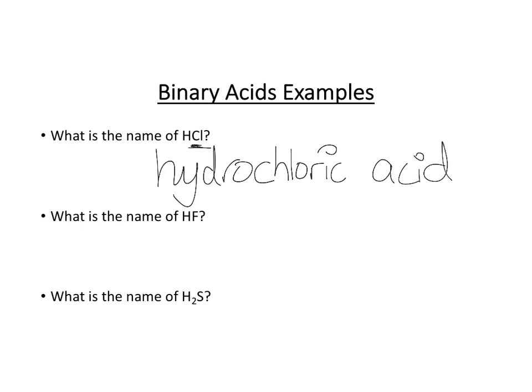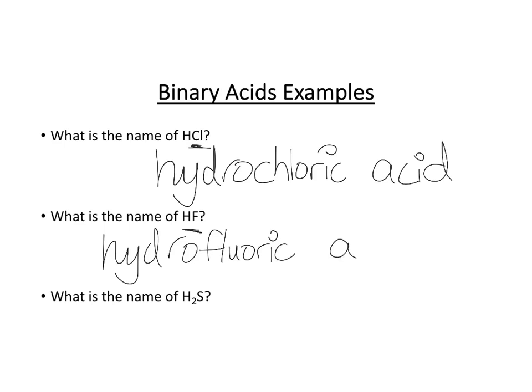You always throw acid on the end, okay? The next one, again, it's binary, so we're going to put the hydro. This time we have F, which is fluorine. So we're going to do fluor, and then instead of ene, it's going to be ic acid.